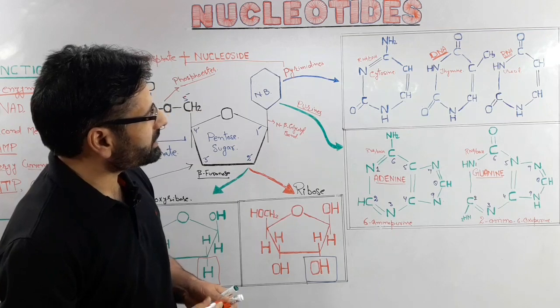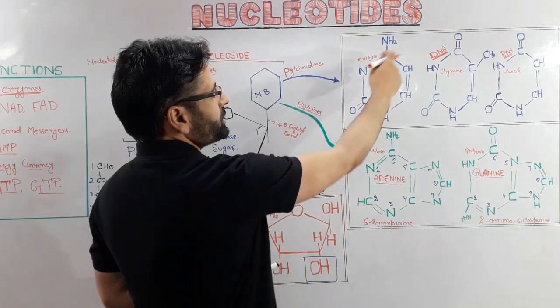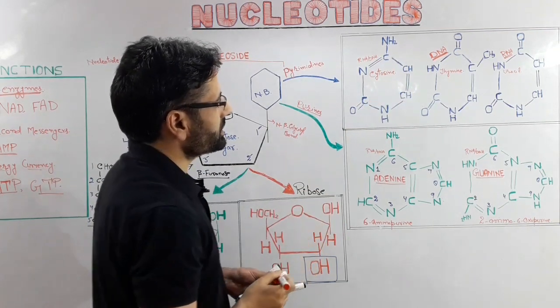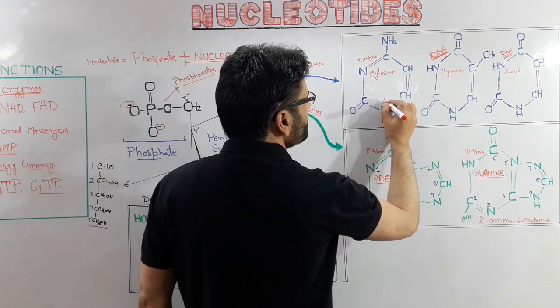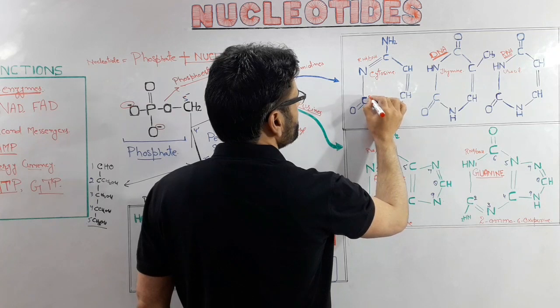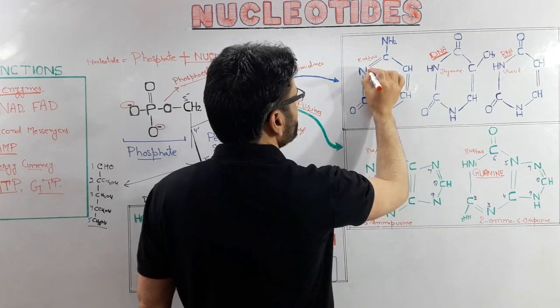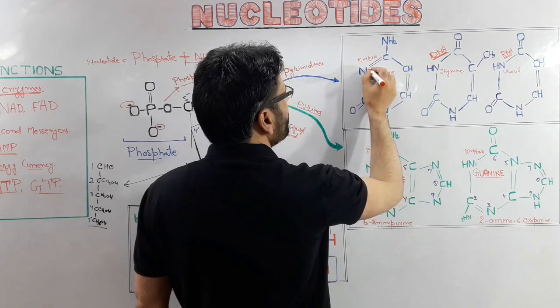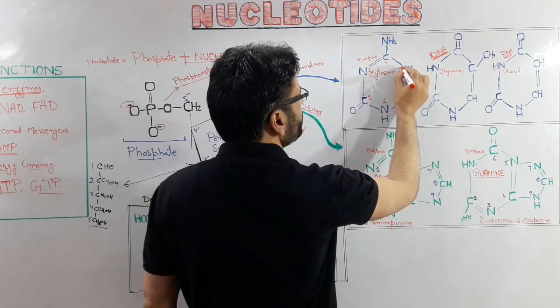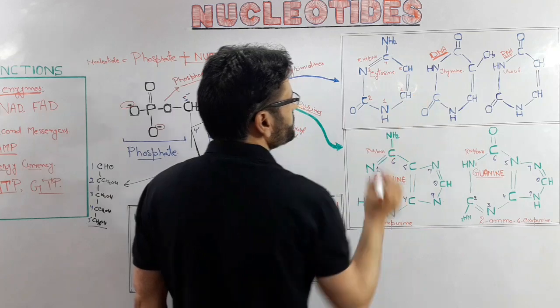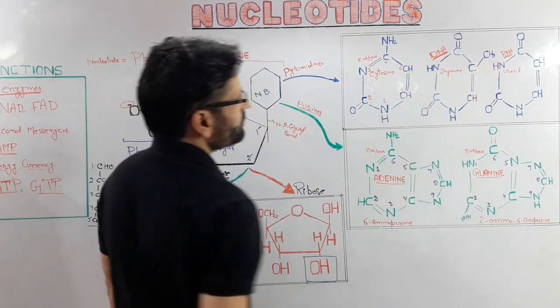So far as the numbering of the atoms in this nitrogen base is concerned, the numbering is like this. We have first, then we have second, here we have third, fourth, fifth and sixth. The same applies to all.